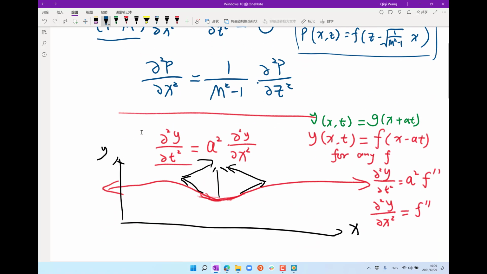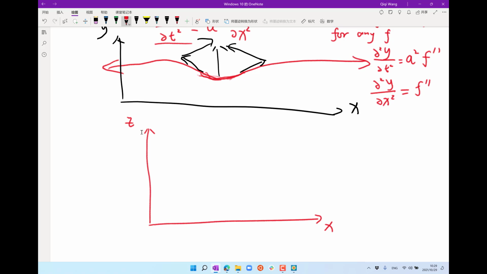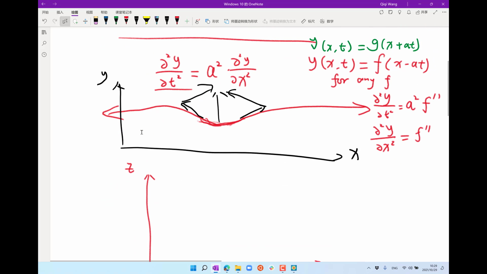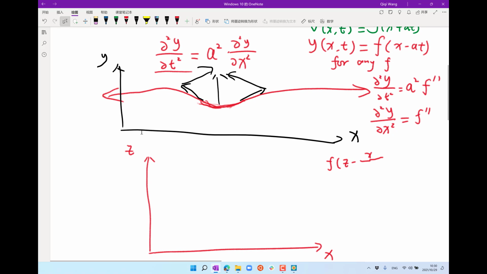Okay. So let's actually draw one of these solutions, z and x. So let's draw f first. F of z minus x divided by the square root of m squared minus 1.